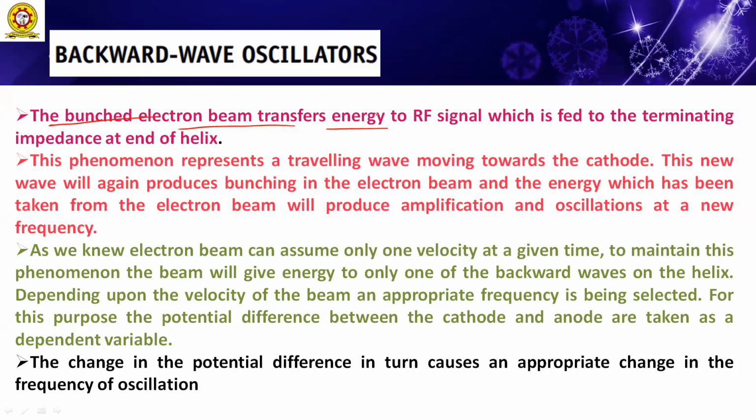Therefore, the traveling wave moves towards the cathode terminal, where we identify another transformation of this wave by the phenomenon of bunching. So the maximum energy taken from this electron beam will produce a task called amplification.